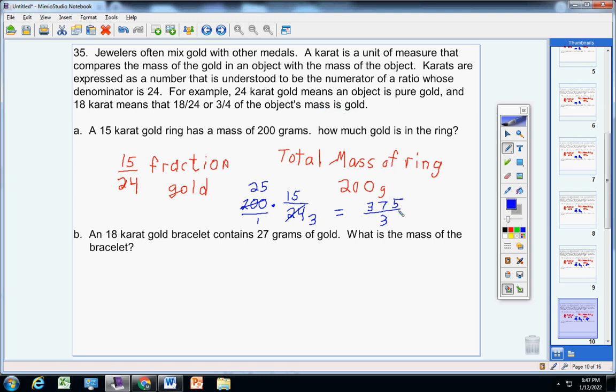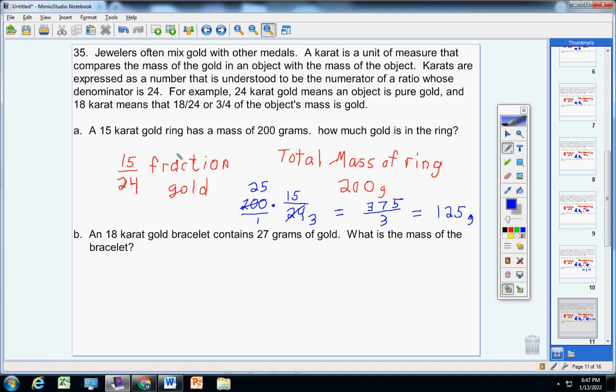Remember, 375 over 3 is the same thing as 375 divided by 3. So 375 divided by 3 is 125 grams. The total weight of the ring is 200 grams. How much of that is gold? 125.